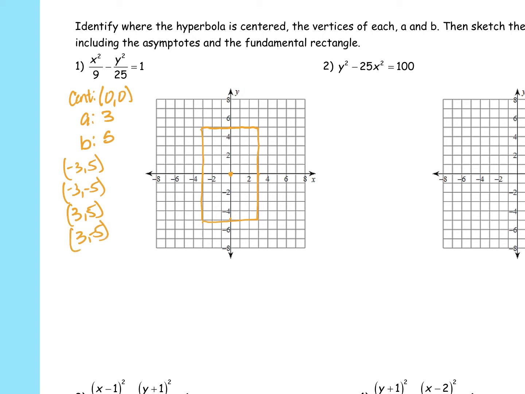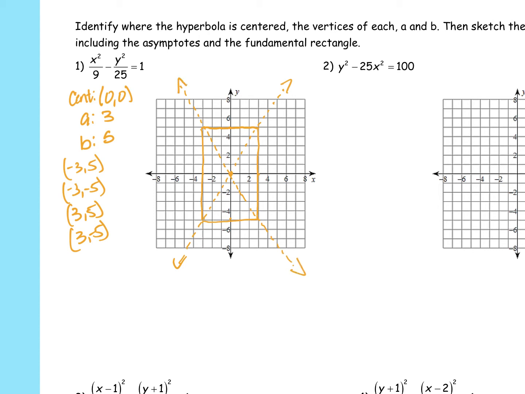There's where my corners of my vertices are. And then it wants to sketch in the, I'm going to be really bad at this. Oh, that was pretty good. The asymptotes. So there's my asymptotes. Well, one of them. I missed the corner a little bit, but all right. There's my second asymptote.